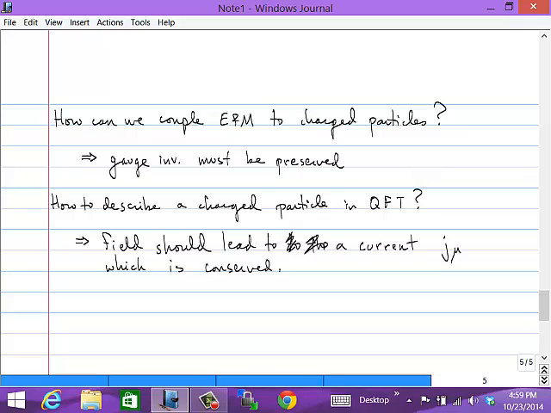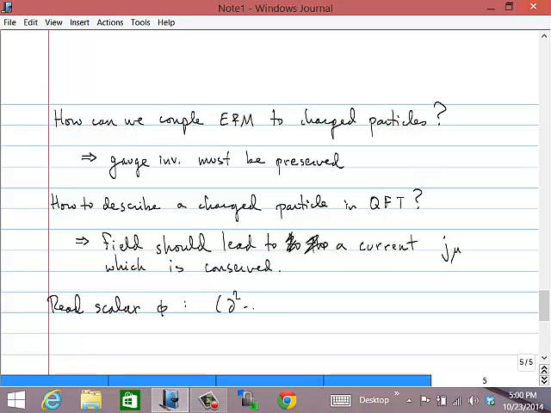So the only sorts of fields that we can couple to electromagnetism are those that have conserved currents. So, for example, if you take a real scalar field, say, which obeys Klein-Gordon equation, then there are no conserved currents that we can construct from phi.